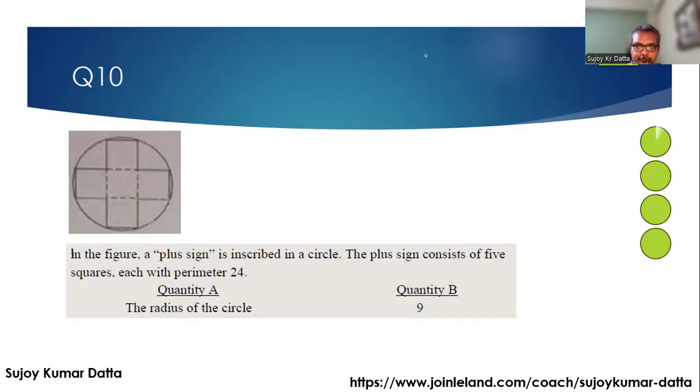Next, here it's saying there's a plus sign. The plus sign has 5 squares. Each has perimeter 24. The radius you have to find out. Each perimeter is 24, which means the sides are all 6.